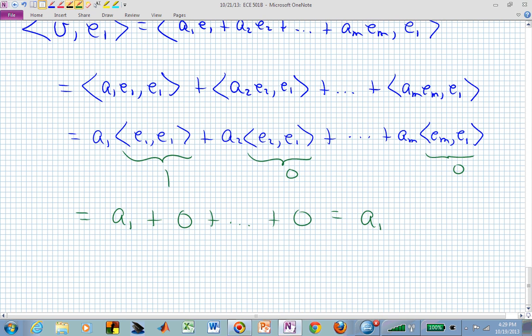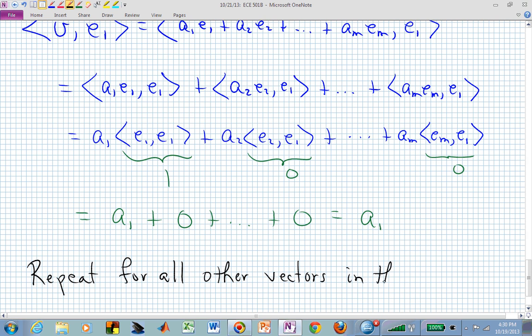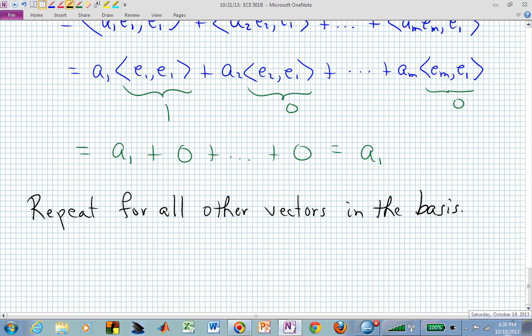And hopefully it's clear that we can just repeat that process of forming these inner products for each of these basis vectors, e2 up to e sub m. We'll repeat for all other vectors in that list of orthonormal basis vectors.